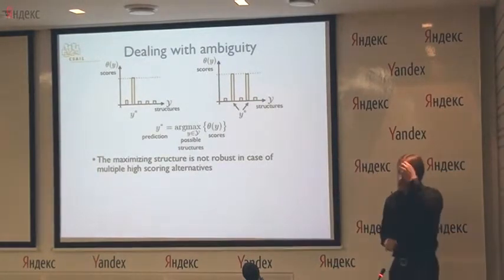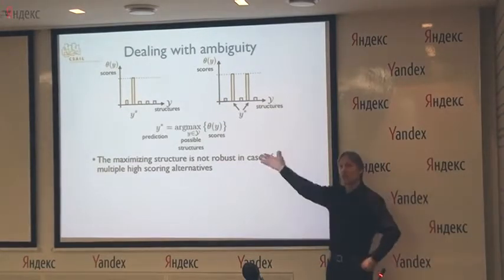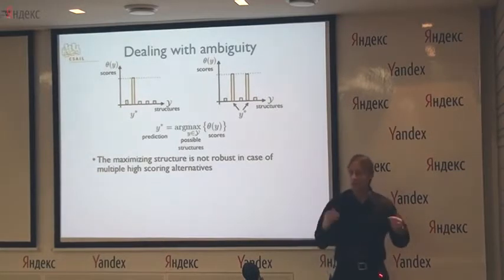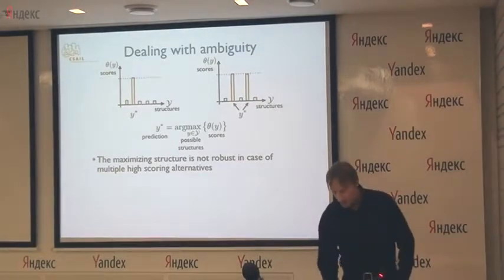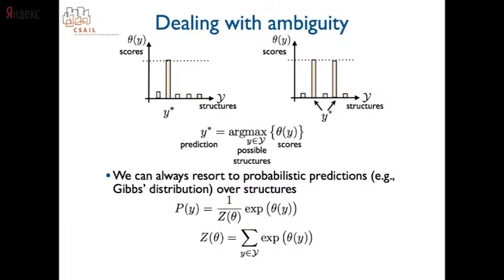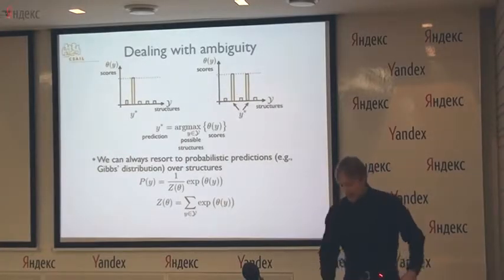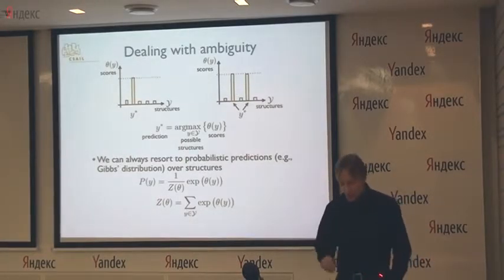A natural way to think about this is in probabilistic terms. All right? I have a set of scores here. I can exponentiate the scores and derive a distribution over all possible, say, parse trees here. All right? So these are just the scores exponentiated. So this would be certainly a typical way to do it from a modeling perspective.